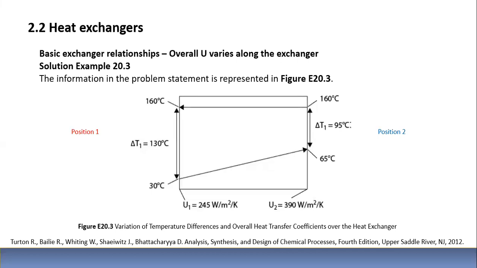Y peor aún cuando se tapaba un tubo, el área de transferencia equivalente a pi por d por la longitud de intercambio se perdía por completo. Había que restarle esa área a la capacidad. Y si había varios tubos tapados, todo ese conjunto de áreas sumadas se restaba a la capacidad original de intercambio de calor que tenía ese evaporador. En otras palabras, se perdía capacidad de producción de extracto de café concentrado.